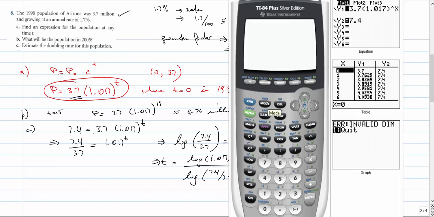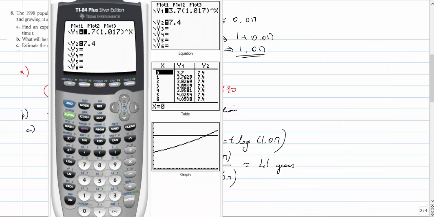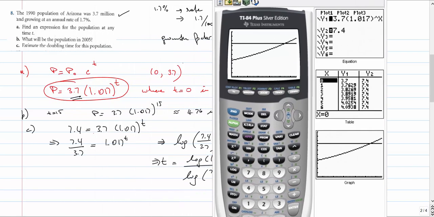Okay, after it gave me an error, I went to second stat plot and made sure it's off by turning it off. It was on, so I went to the right and pressed enter to turn it off. Then I went back to my Y's and graphed.